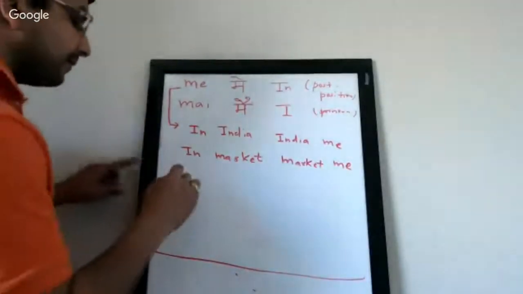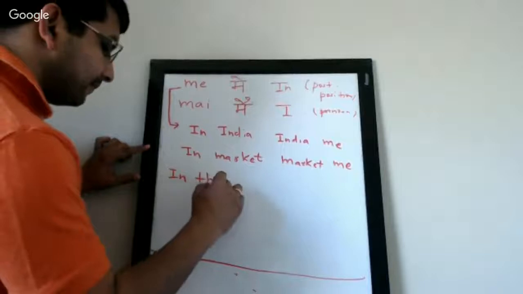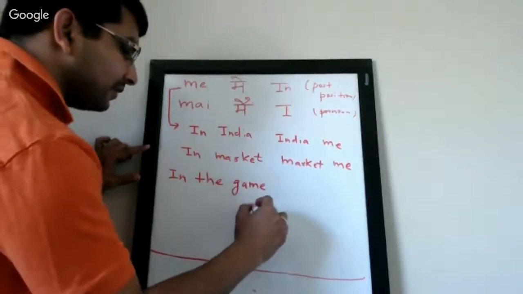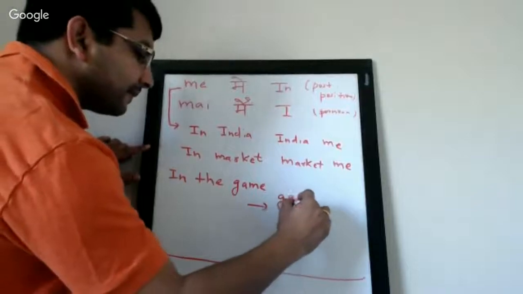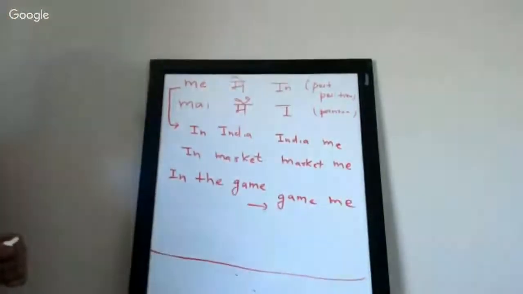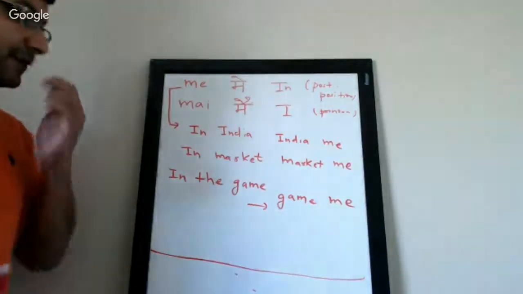Similarly, in the game, or if you're watching some sport, you can say game mein. These are just basic usages of mein, which means in. In the situation such and such.